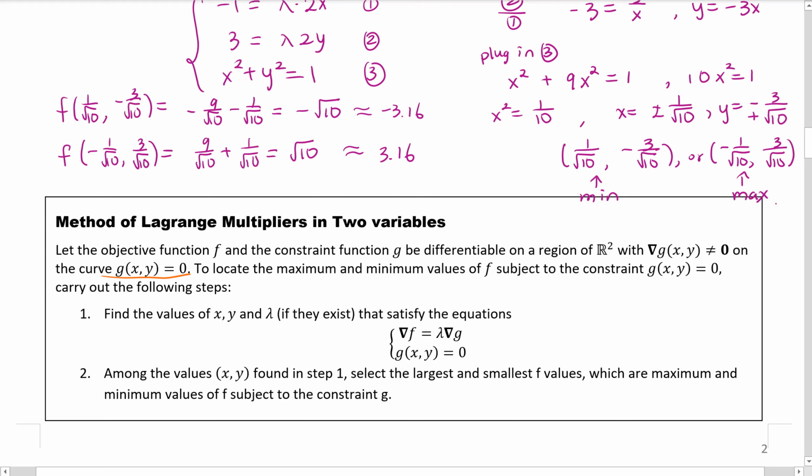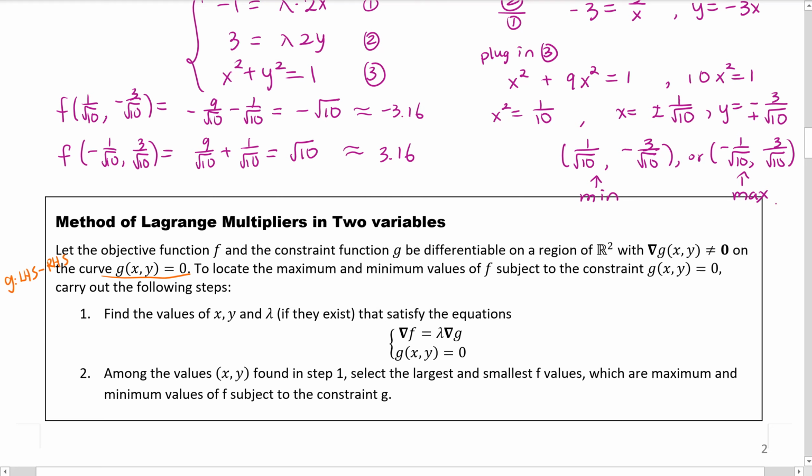We can always say g equals 0, because whatever equation you have, you can define g to be the left-hand side minus the right-hand side. The constraint equation is associated to the curve g equals 0. To locate the maximum and minimum values of f subject to the constraint g equals 0, carry out the following steps.